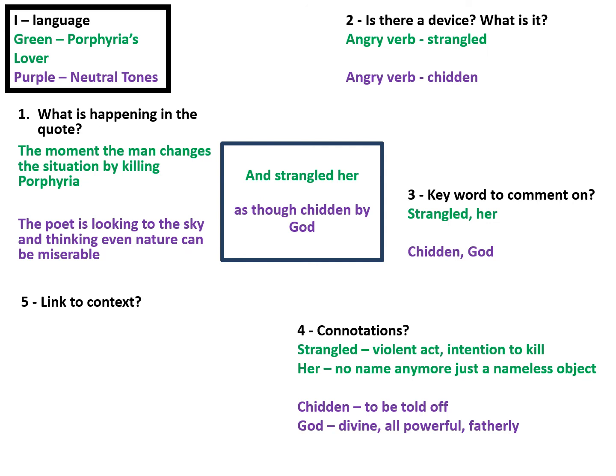The connotations of chidden and God: chidden means to be told off. It's an old-fashioned word. And God means divine, all-powerful, and to a certain extent fatherly. So pause this recording now to write your answers to question 4. Write the connotations of the keywords you picked out, not the keywords I picked out.